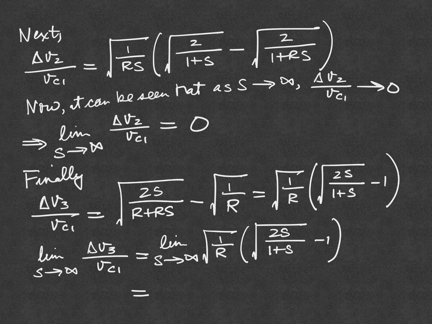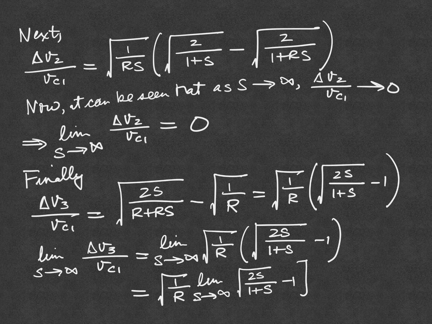But that's equal to the square root of 1 over r times the limit as s approaches infinity of the square root of 2s over 1 plus s minus 1, which is equal to, well, as s approaches infinity, the square root term goes to the square root of 2 minus 1, so we get the square root of 1 over r times the square root of 2 minus 1.